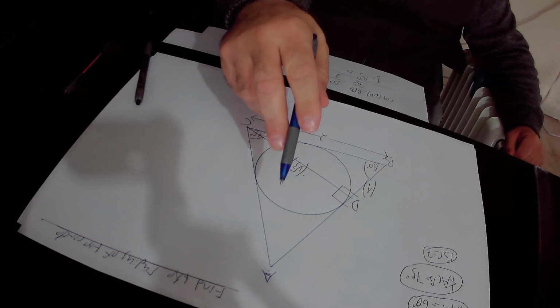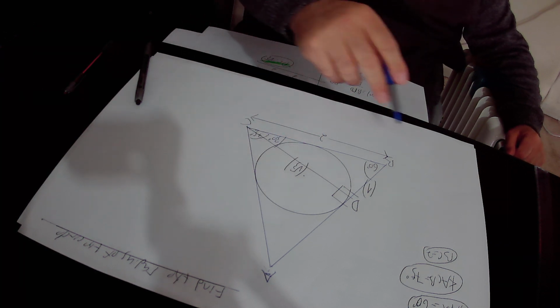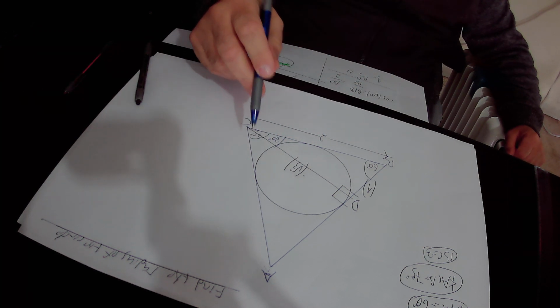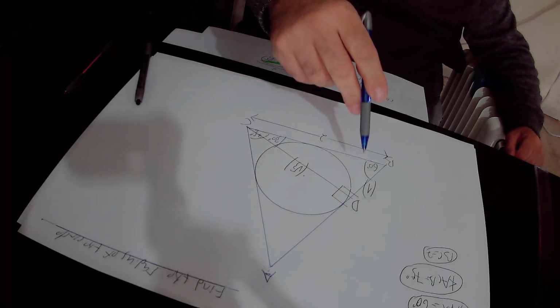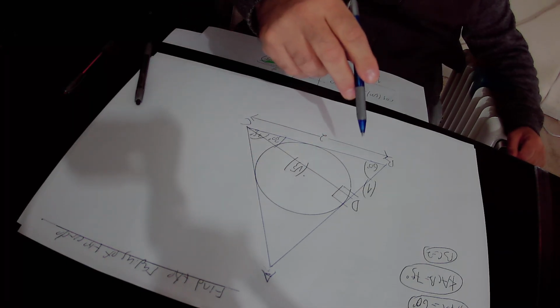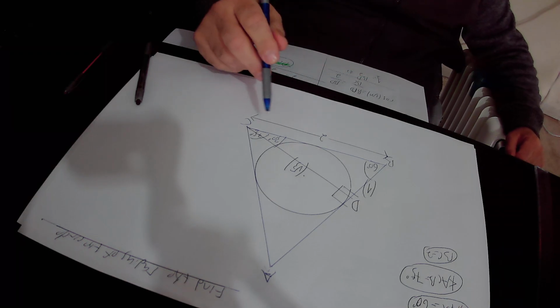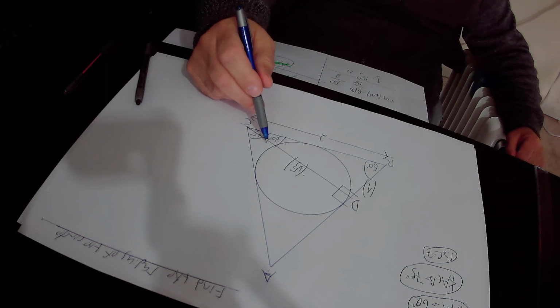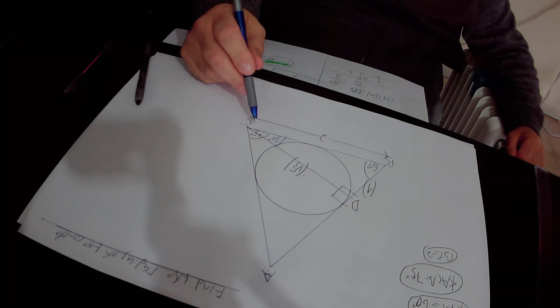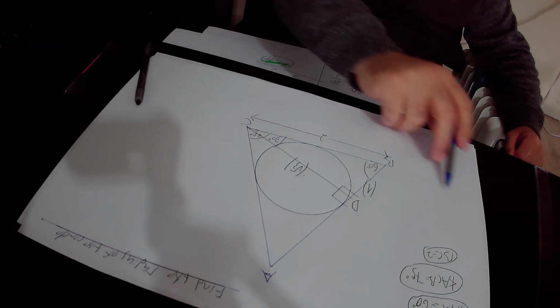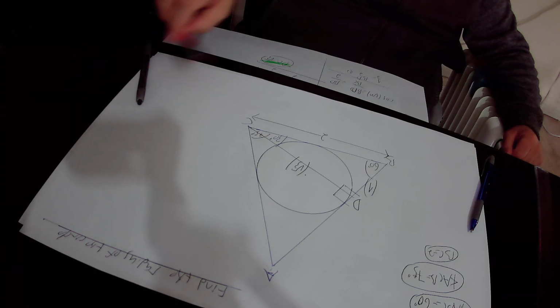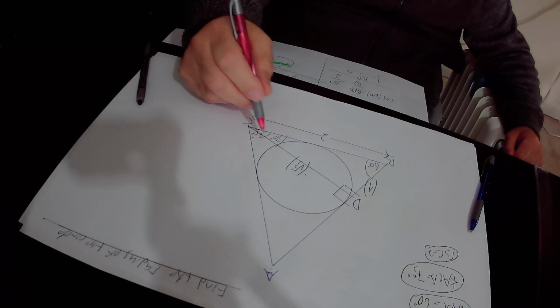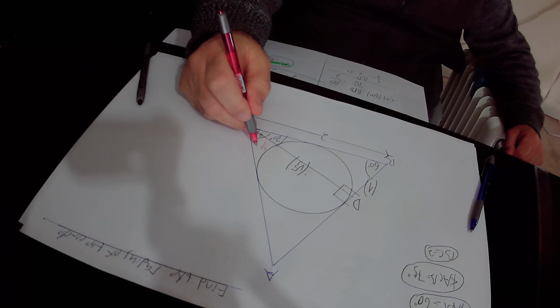It is given that angle ACB equals 75 degrees. So angle ACB minus angle DCB must be equal to the missing angle ACD. So angle ACD equals 75 degrees minus 30 degrees, it is 45 degrees.